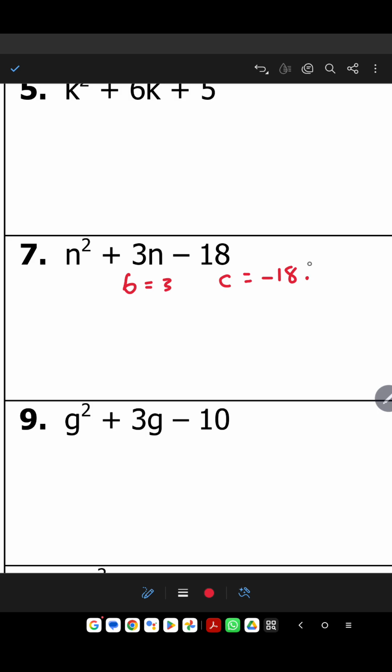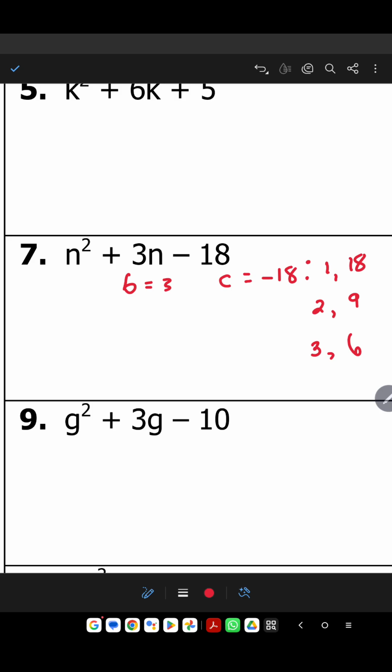So let's just write the factors of 18 first. We'd have 1 and 18, 2 and 9, and then 3 and 6. But remember now, ladies and gentlemen, these are only the positive factors of 18.